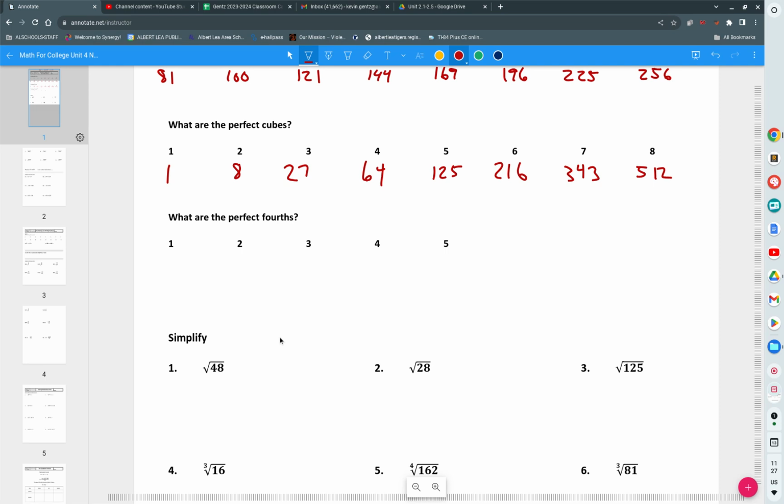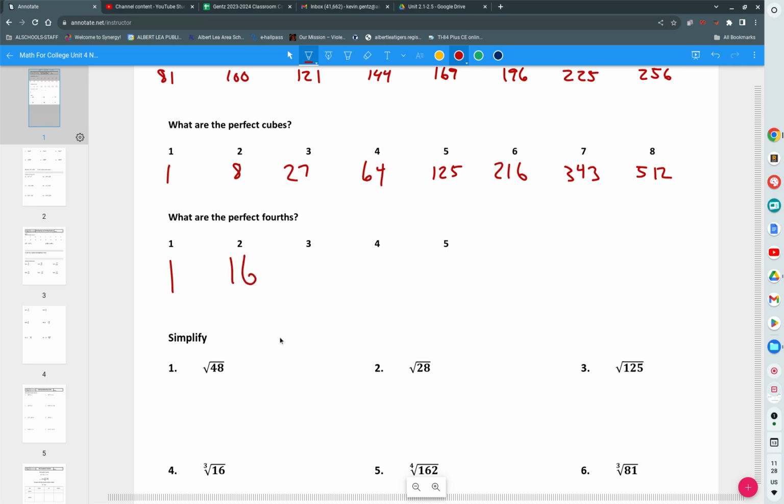Perfect fourths. That means if you multiply it by itself 4 times. So 1 times 1 times 1 times 1 is 1. 2 times 2 is 4, times 2 is 8, times 2 more is 16.